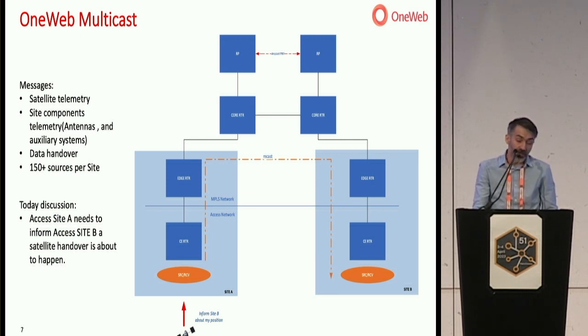We have a lot of sources and groups in the network, around 150 or more sources per site. We have lots of sites, and for today's discussion, when a satellite passes through a gateway, it needs to tell the other gateway that it will be there in a couple of minutes, or to be precise, a couple of seconds.